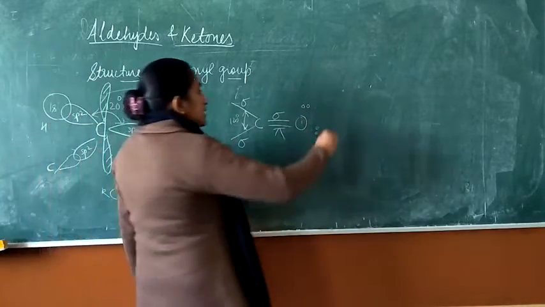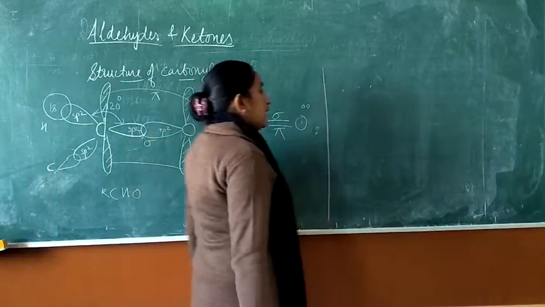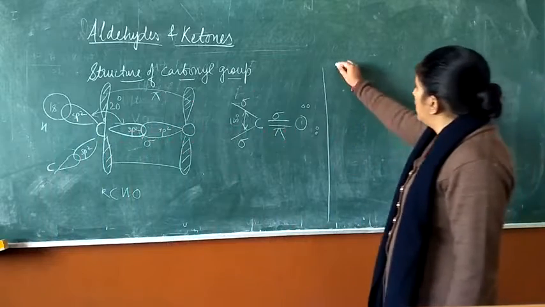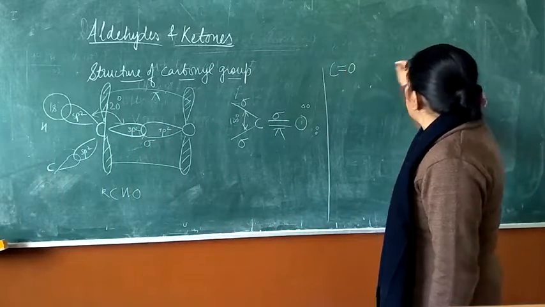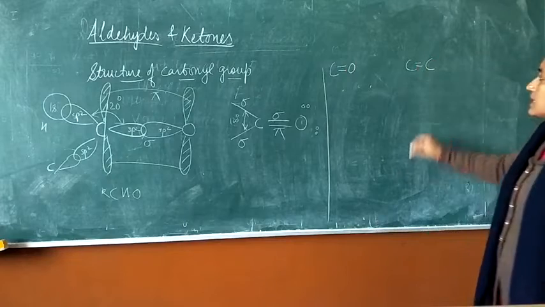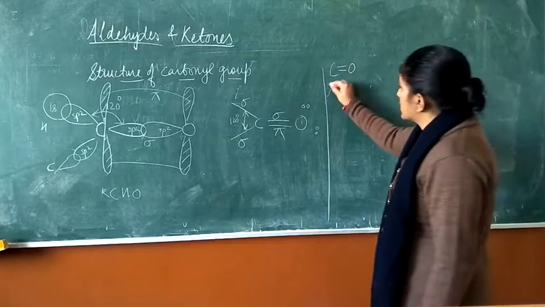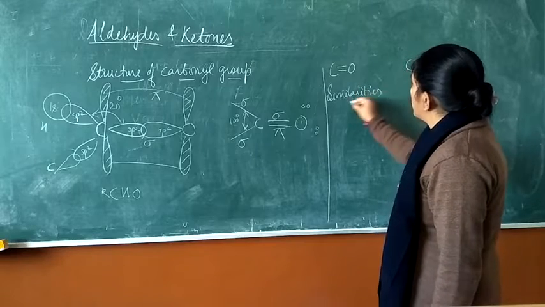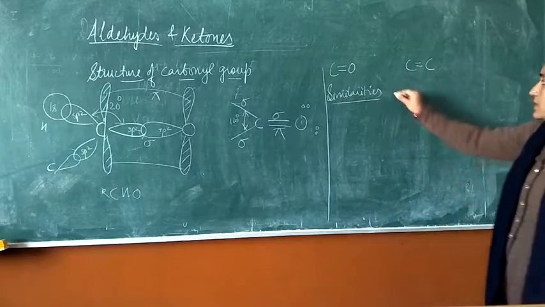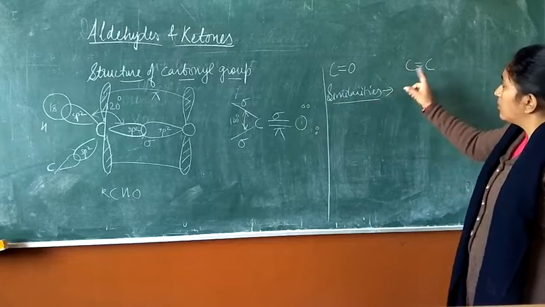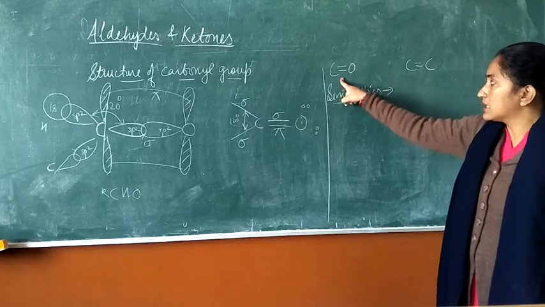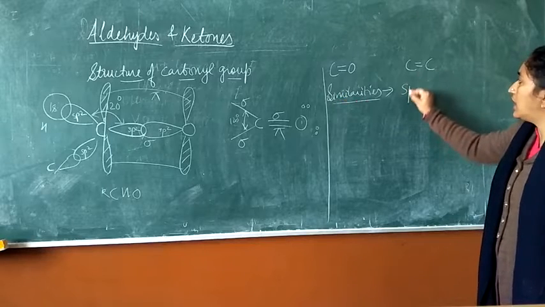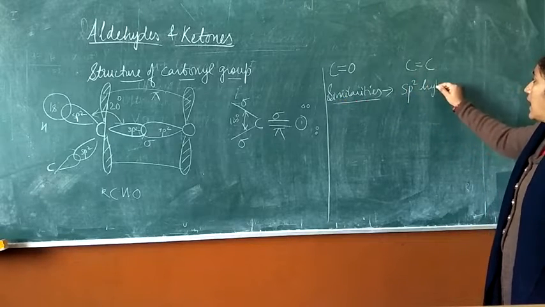Now students, let us compare the nature of the C double bond O with C double bond C. Let's first see the similarities between these bonds. The first similarity, students, is that in both carbonyl C double bond O and the alkene, that is C double bond C, both undergo sp2 hybridization.